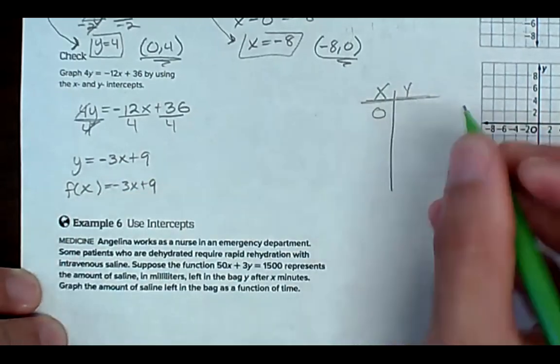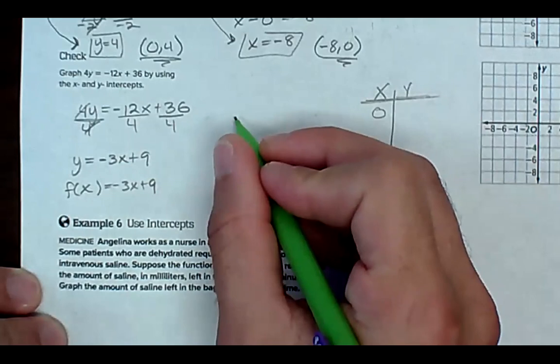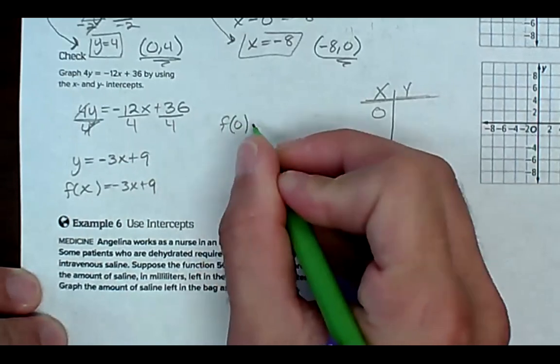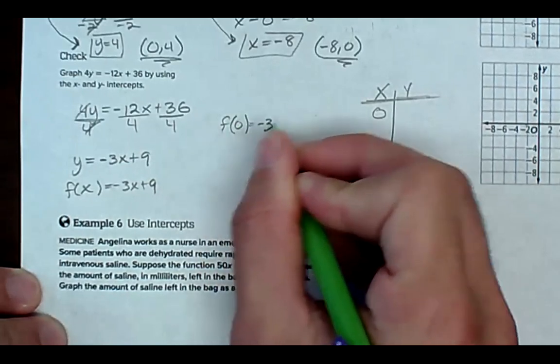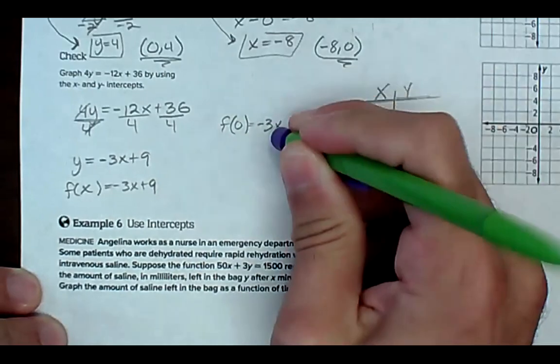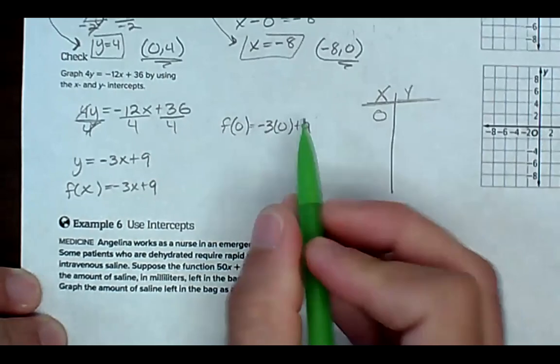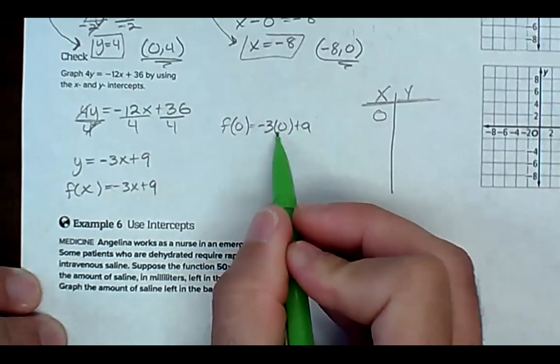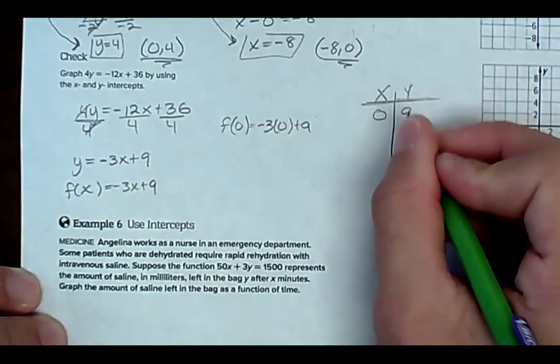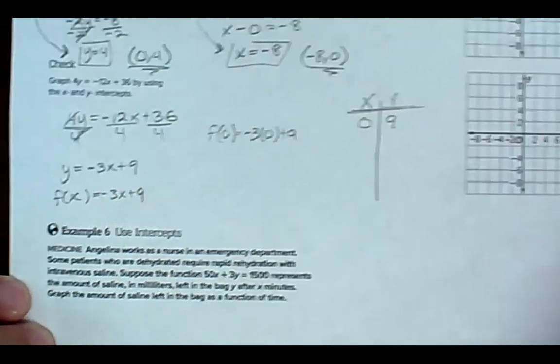Always start with 0 just to get an idea of what's happening at 0. So 0 times negative 3 will make the negative 3 go away, so I'll be left with 9. And lucky for us, we do have space here to get to 9.